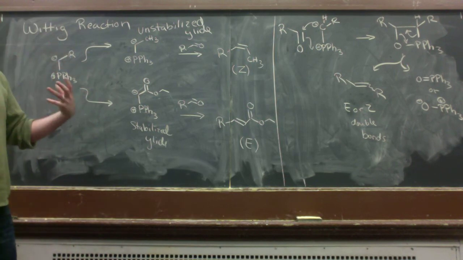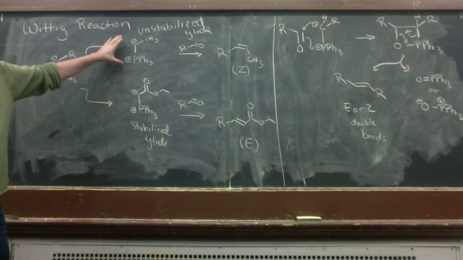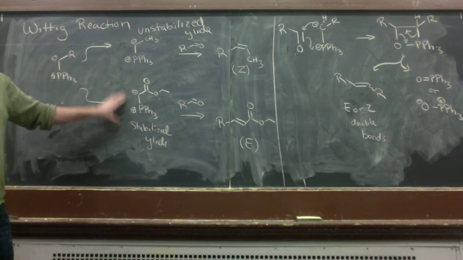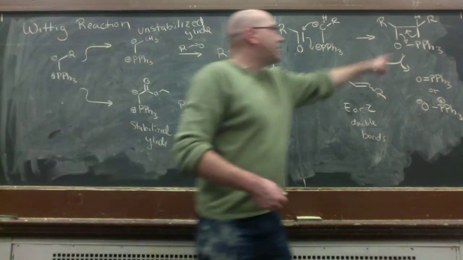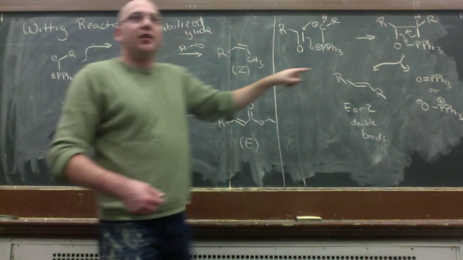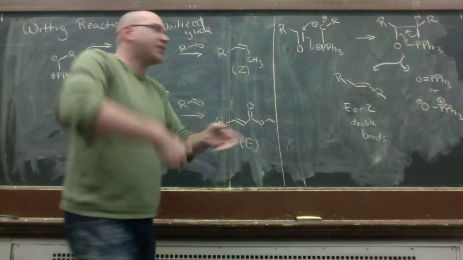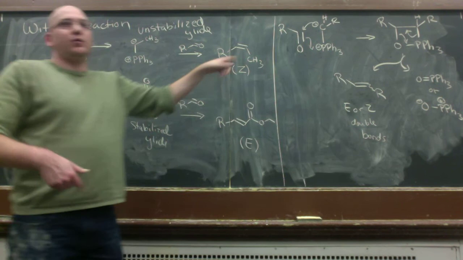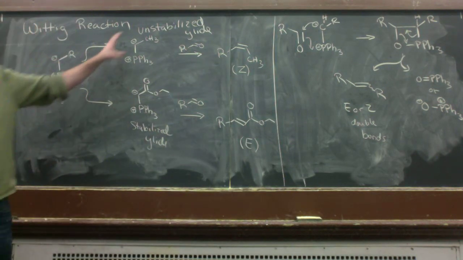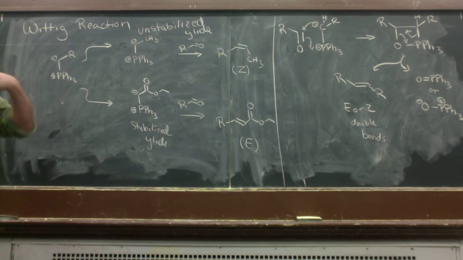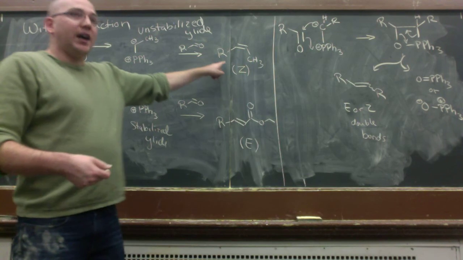For a while, the way people rationalized this selectivity is that the approach into the carbonyl happens in a way that, when you go through this cyclic structure, the lowest energy approach following the rearrangement leads to the Z. I can show that in more detail offline, but the idea is the approach that's lower in energy, when it rearranges, will lead to the Z compound.